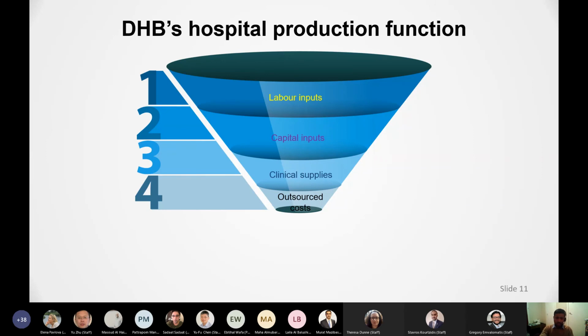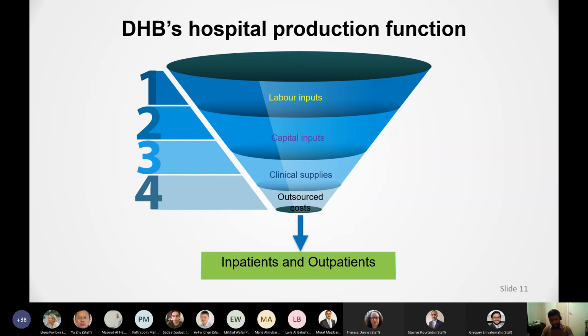So briefly, there are 4 inputs that go into the production system, and the output that we get is inpatients and outpatients. Now I know that inpatient and outpatient might not be exact, because if you want to talk about inefficiency, it would be very good to account for the gain in life expectancy, for example.